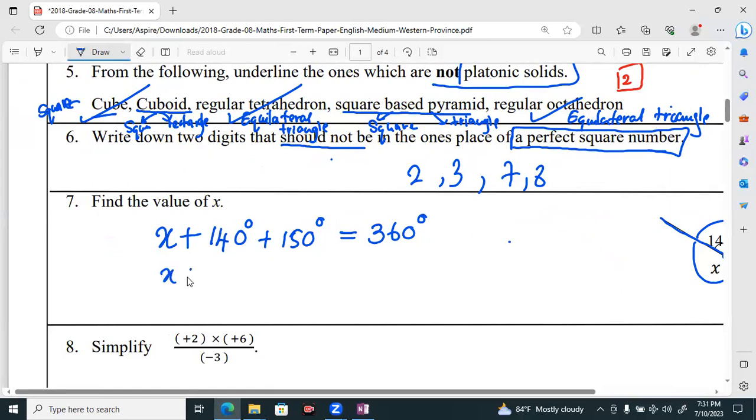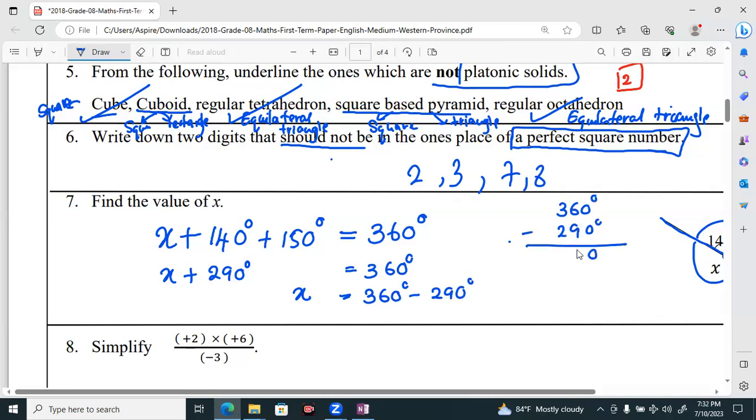Then x add, here we obtain 290 equals 360. Then to find x, we have to take 290 to the other side. Now subtract 360 by 290. x equals 70. Okay.